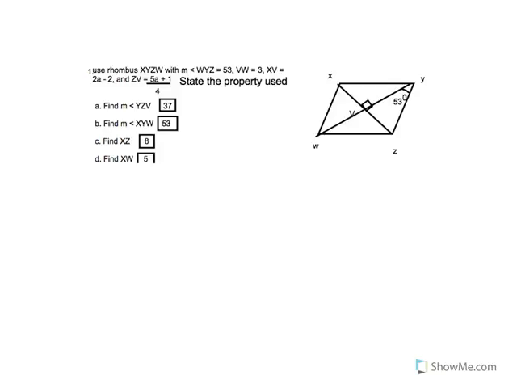Let's try one more. So it says use rhombus XYZW with the measure of angle WYZ as 53 degrees. VW, so the diagonal VW here is 3.